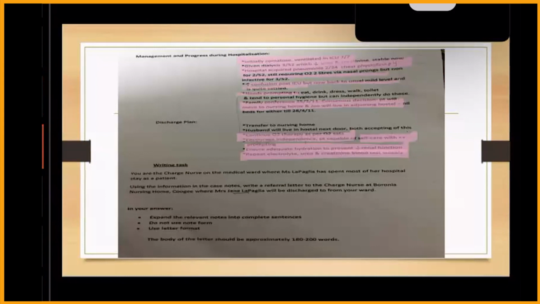You'll say, on admission, 4th March 2011, Miss La Pagila was in a state of coma and was supported with ventilator for 1 week. Was supported with ventilator in ICU for 1 week is also okay.